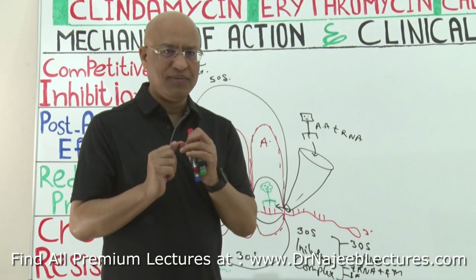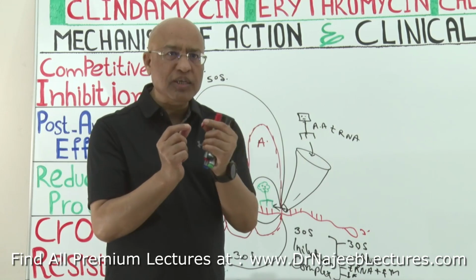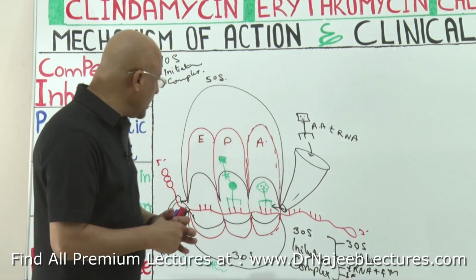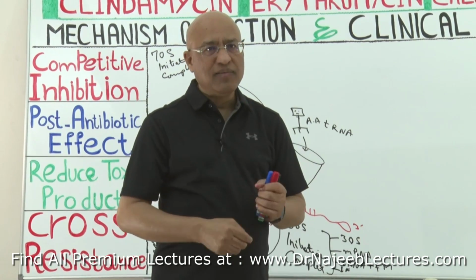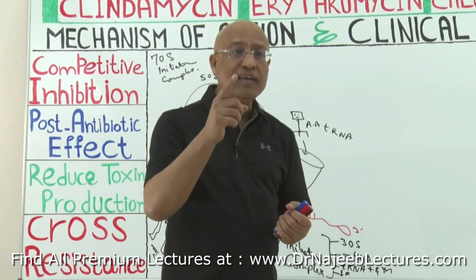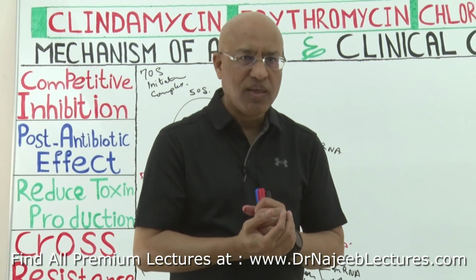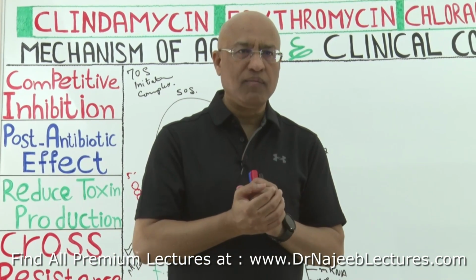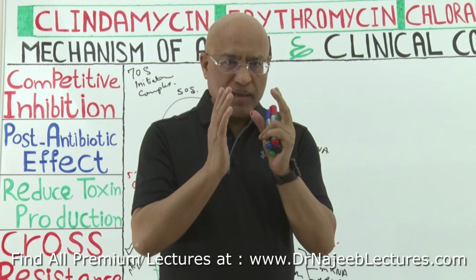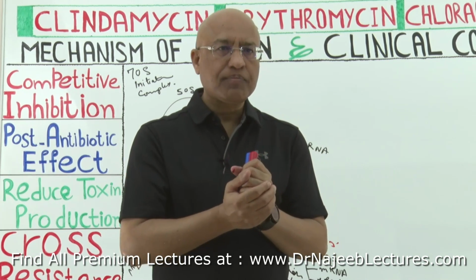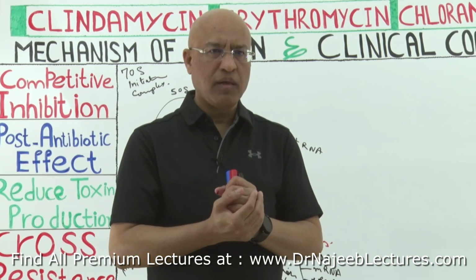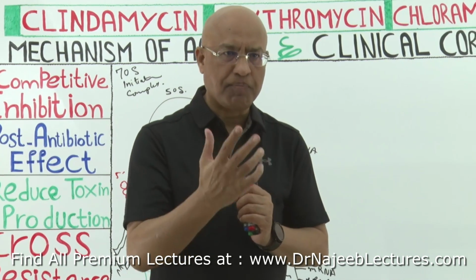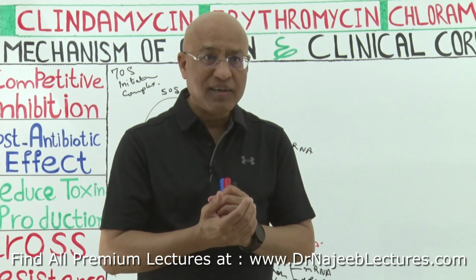One by one, this ribosomal machinery will keep on adding amino acids and making a peptide chain. That is the elongation step. That is where these drugs are attacking. Now I'm going to explain clearly what the molecular events are during the elongation step normally.